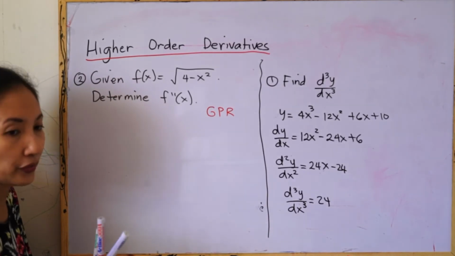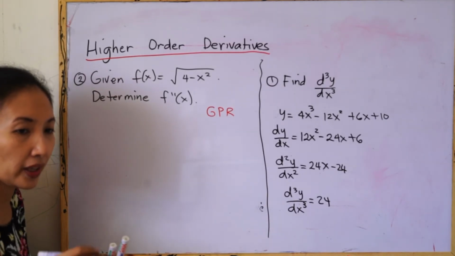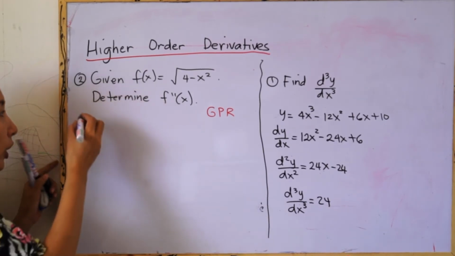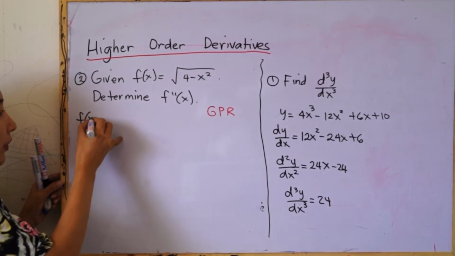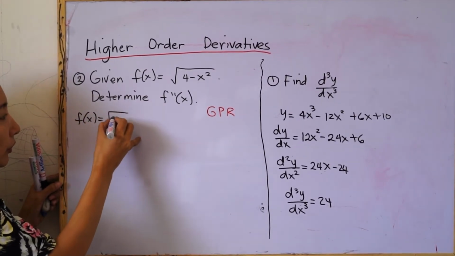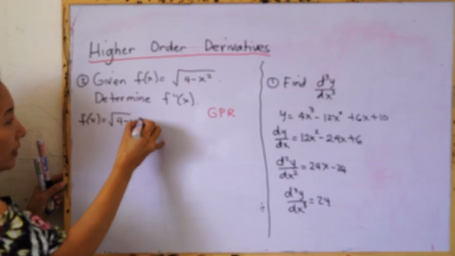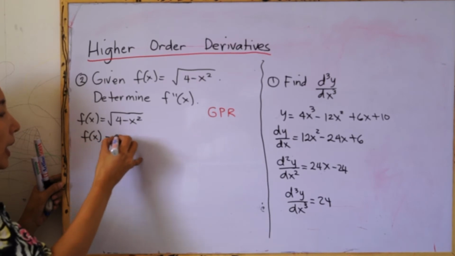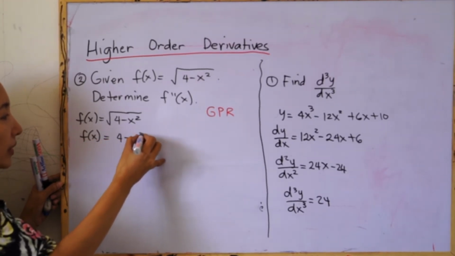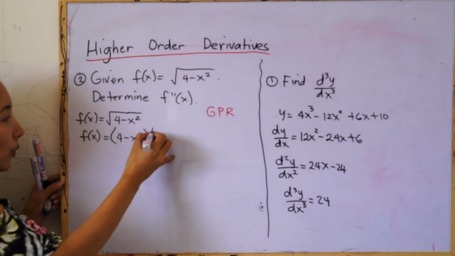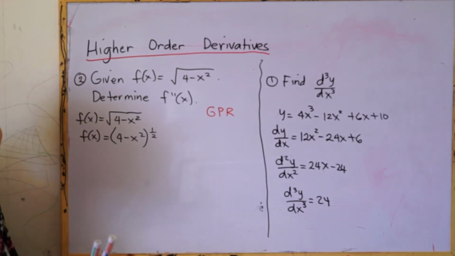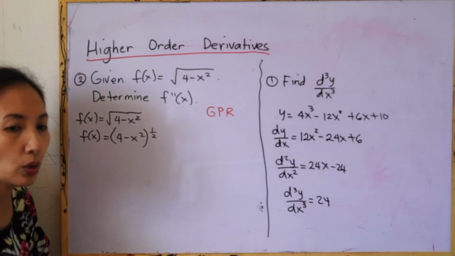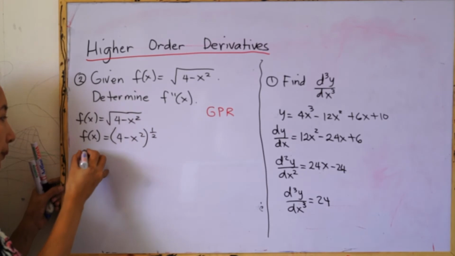So we rewrite the given into its exponential form. The given f of x equals the square root of 4 minus x squared could be written as 4 minus x squared raised to 1/2. Now we are ready to apply the GPR.